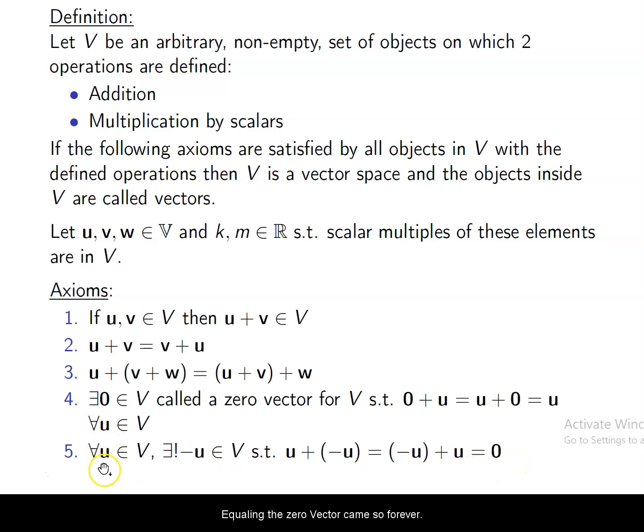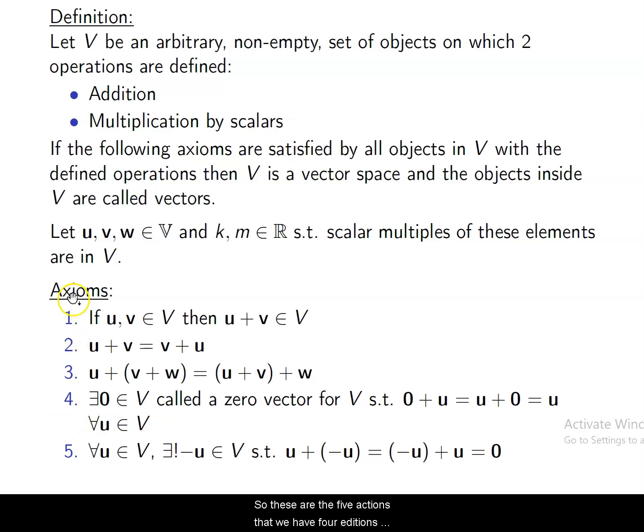Okay, so for every object that I have in my vector space, there's a unique opposite. Okay, and I don't want to say opposite because it's not really an opposite, right? It's an additive inverse. It has the property that when you add it to the vector that it's associated with, you will get the 0 vector out.